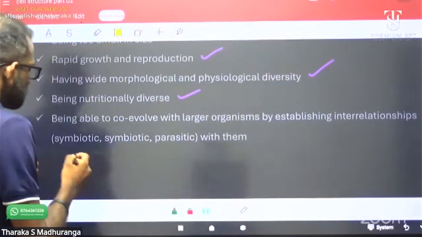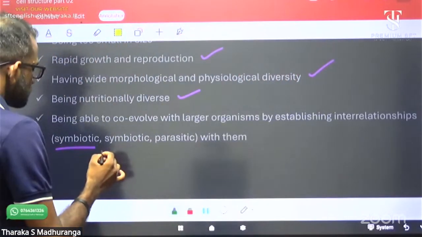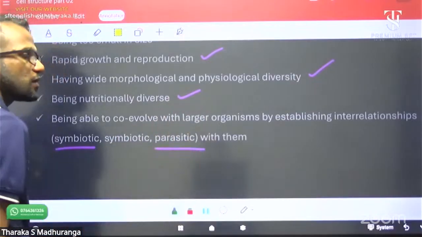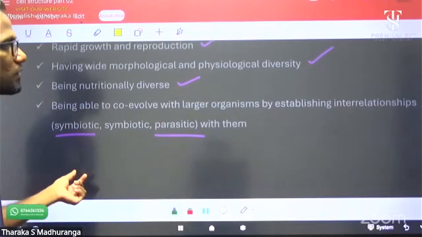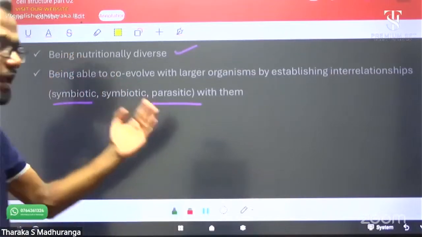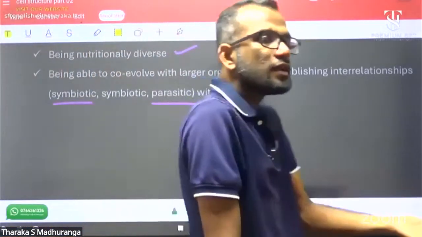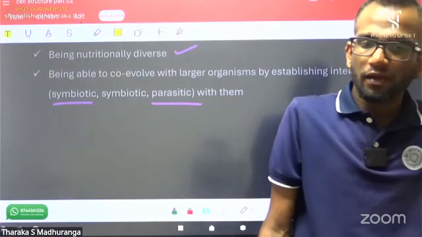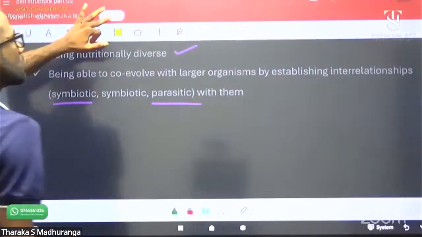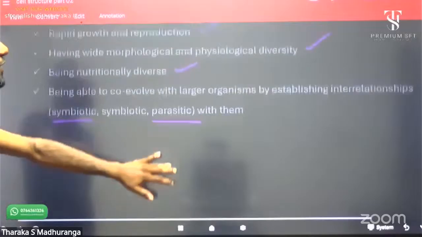The relationship types are symbiotic and parasitic, different relationships with microorganisms. Microorganisms between animals and plants take their nutrition and keep their living style. What are the characteristics?